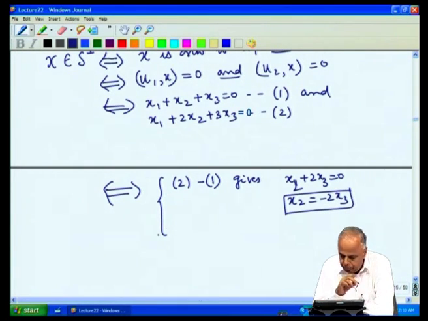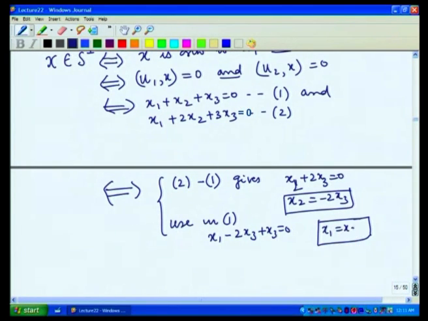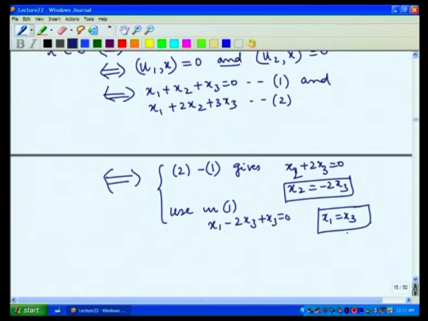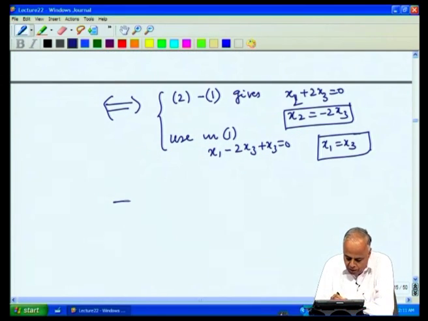If we now use this in 1, we get x 1 minus 2 x 3 plus x 3 as 0, which gives x 1 equal to x 3. So, we have to have x 1 equal to x 3, x 2 equal to minus 2 x 3, and x 3 can be chosen arbitrarily.